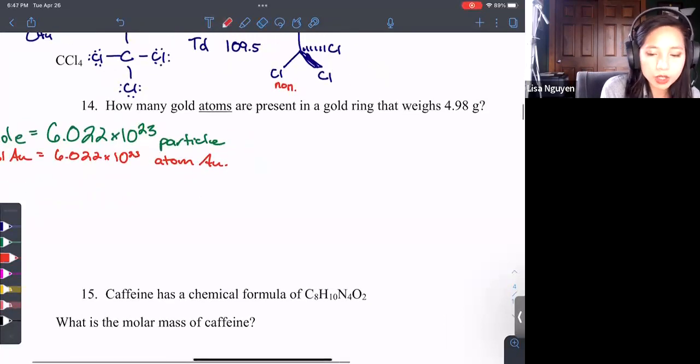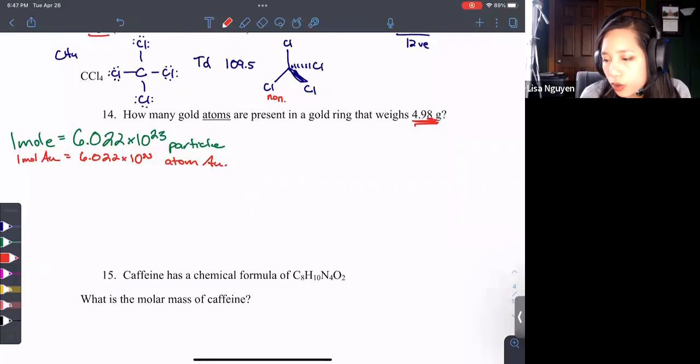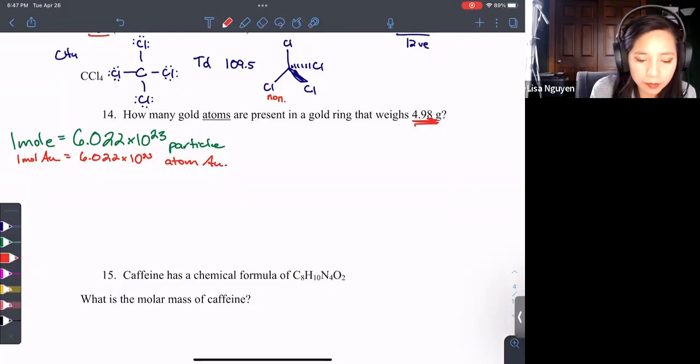But now how can we go from a gram amount to a mole amount? And this is where we use the molar mass of gold from the periodic table. So again, you're always given these numbers, you just need to know how to use them. So gold, and do you know what gold is? It's Au on the periodic table, all right, because I don't give you names.